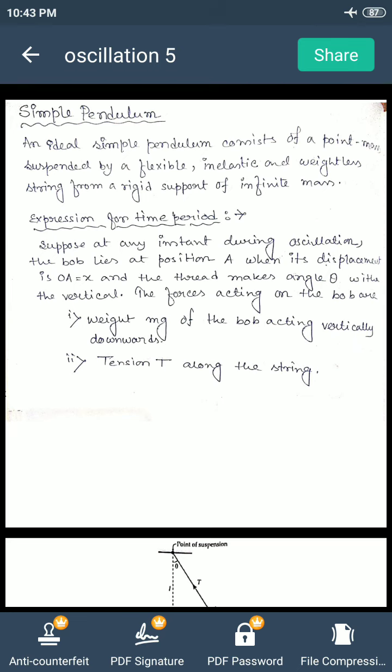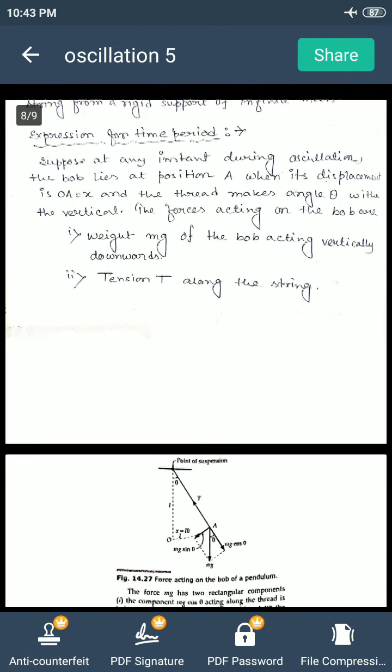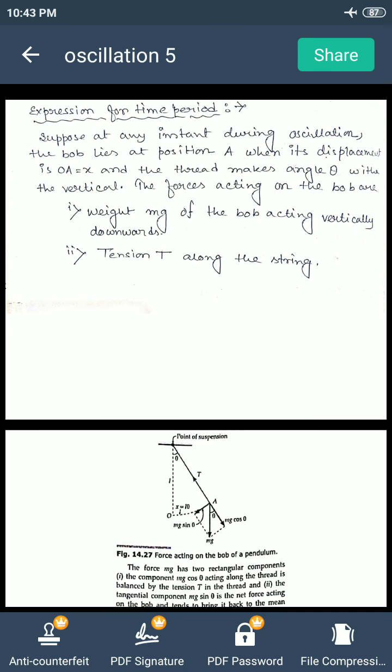Now suppose at any instant during this oscillation, the bob lies at position A. In this figure, you can see the bob at position A, where its displacement OA equals, suppose, x, and the thread makes an angle theta with the vertical.